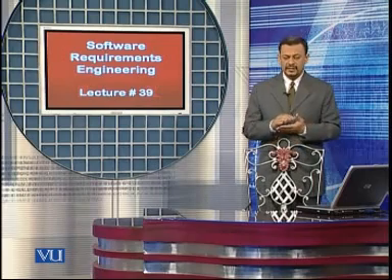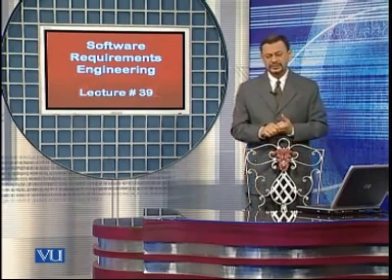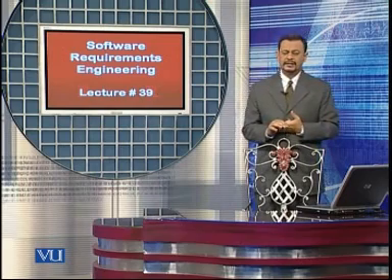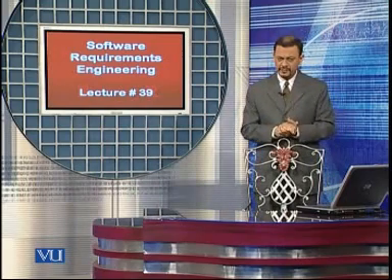Now, up till this point, we had three lectures devoted to dynamic modeling and capturing the dynamic behavior of a system. We have talked in detail about state charts, finite state machines, and state transition diagrams, and how they can be applied to a particular real-time system, and the importance of each of these modeling techniques.